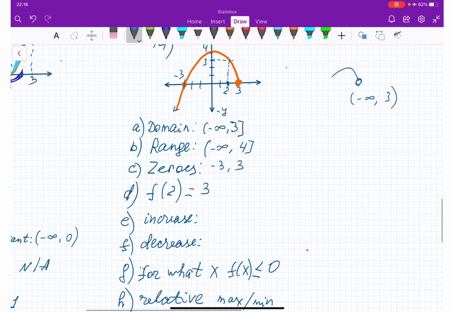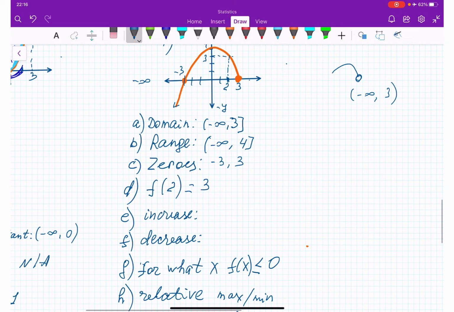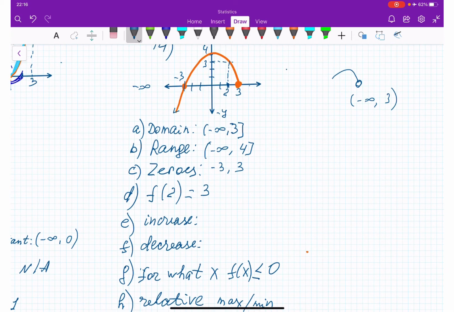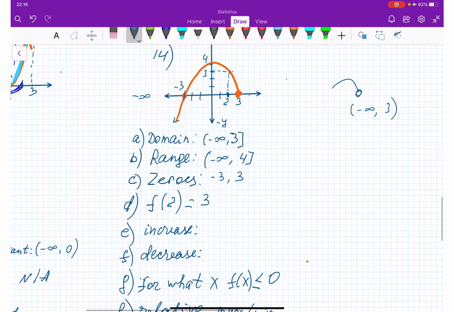All right. Next, we are going to see where it's increasing. So this is my negative infinity. At what point, till which point is my graph increasing? So let's see. It's increasing up to here.